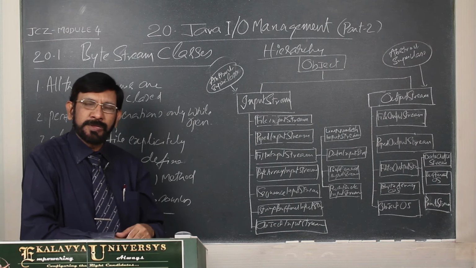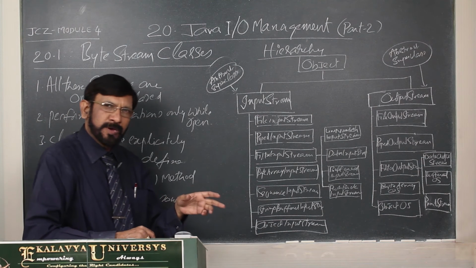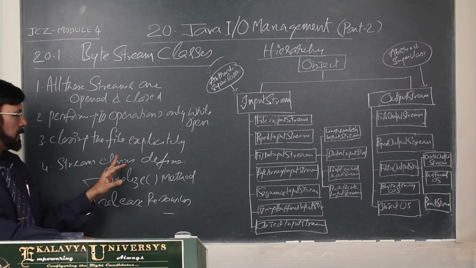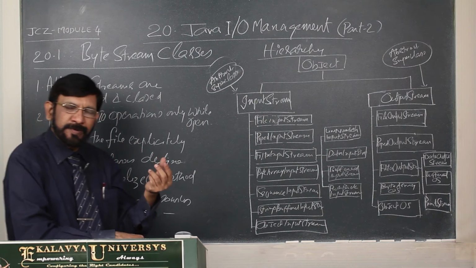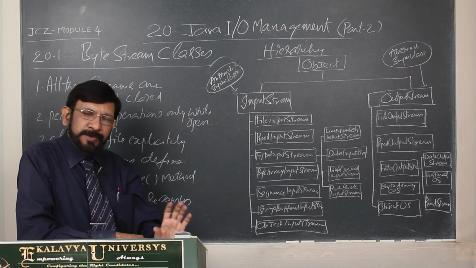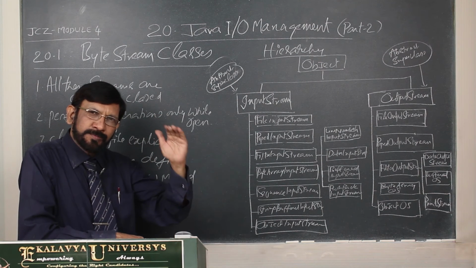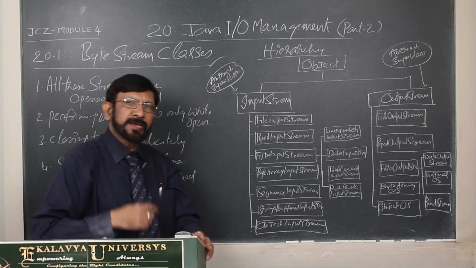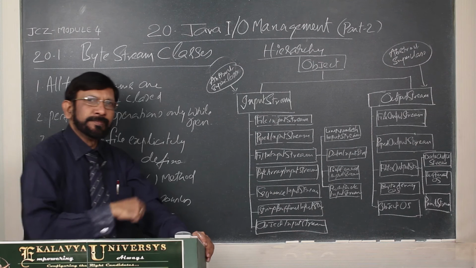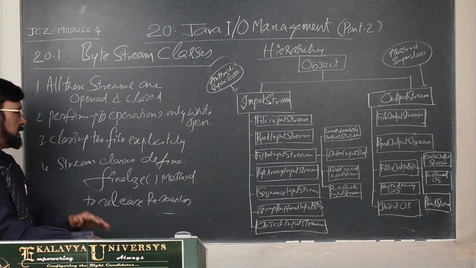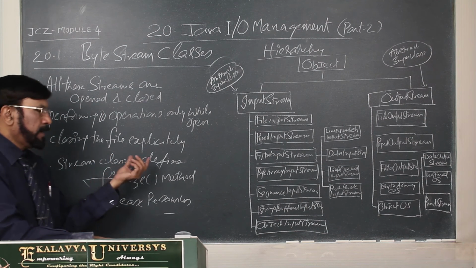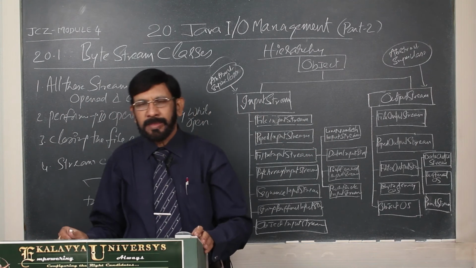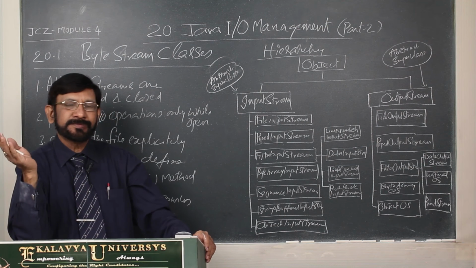Thereafter, one more thing, after the operations are over, you must explicitly close it. In every place, you can find this close method. By using the close method, you explicitly open, perform operations, and thereafter you must explicitly close. When you explicitly close, whatever resources are linked to the class are released.